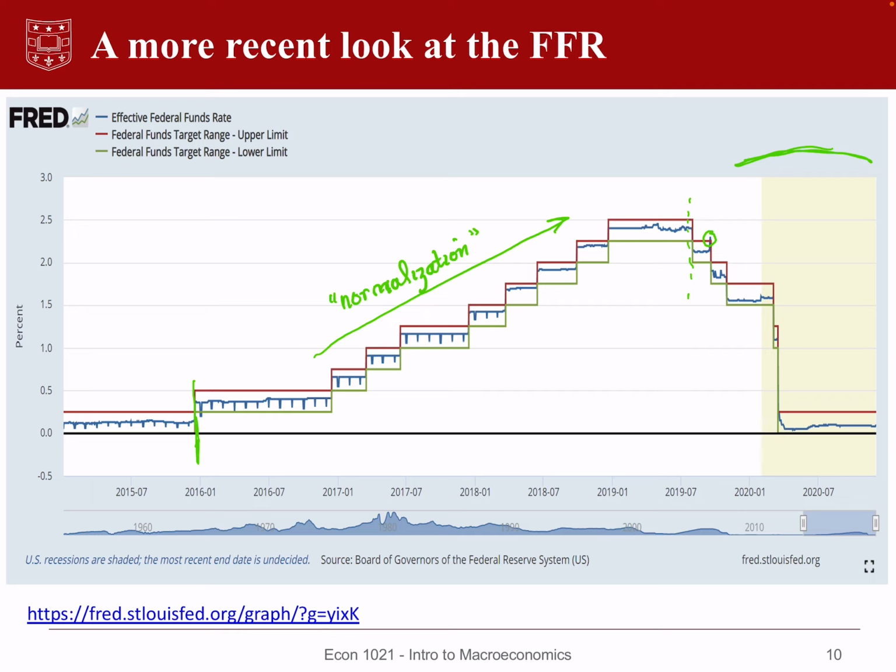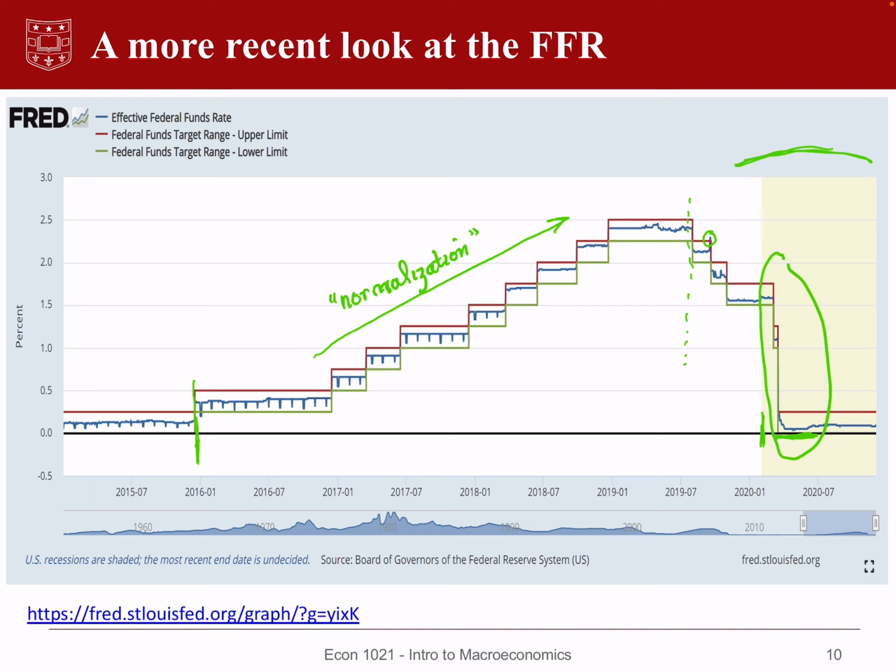And with political machinations, Trump sort of backed off a little bit of his criticism of Chair Powell. But here is, of course, the onset of the pandemic, and you can see the abrupt drop in the target for the Fed funds rate. The lower level is 0, and the upper level is 0.25%.